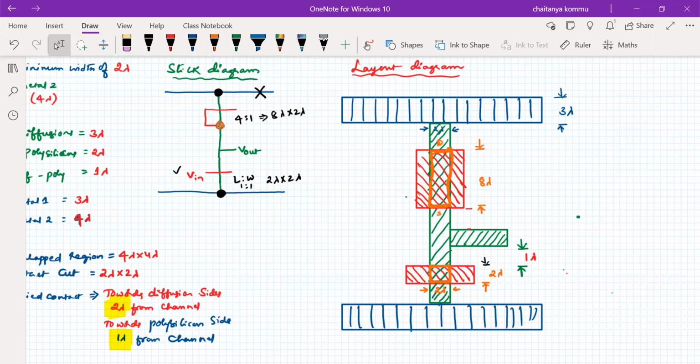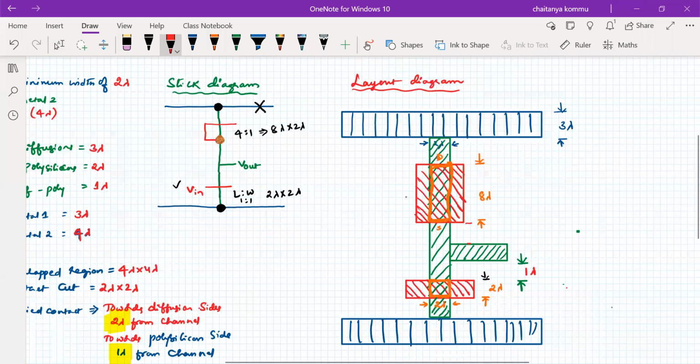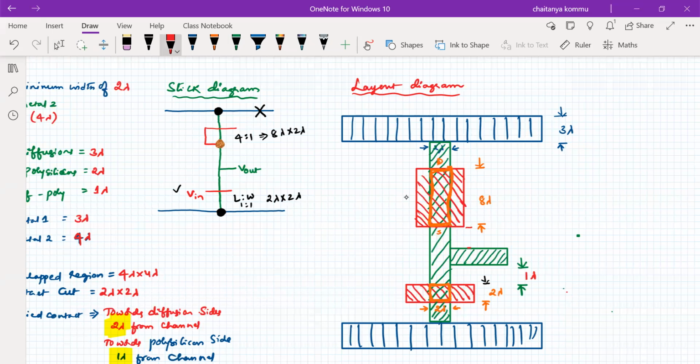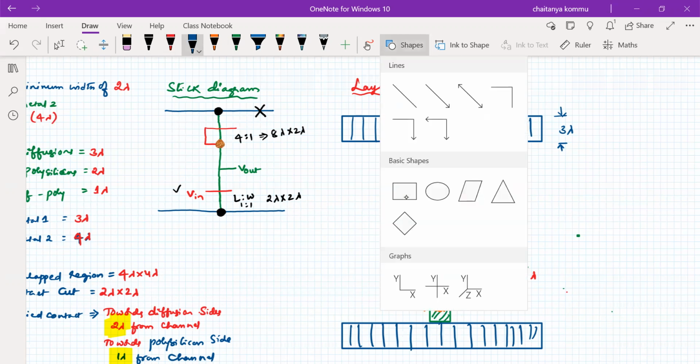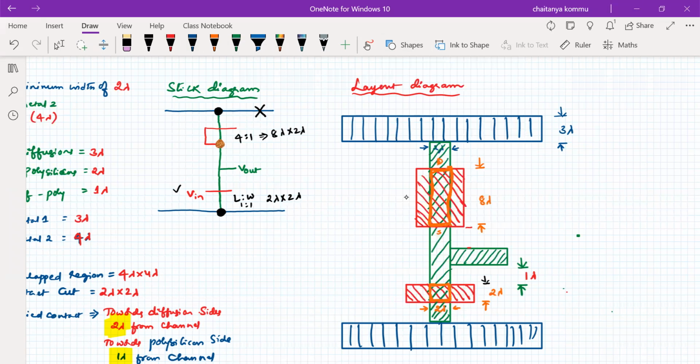Now we have to provide the contacts. For the upper transistor, the diffusion is connected to the metal. When the diffusion is connected to the metal, what is the overlap region that we have to use? The overlap region is 4 lambda by 4 lambda.